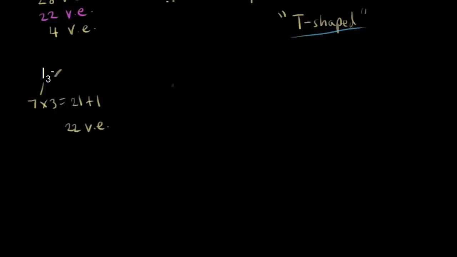So we have 3 iodines, so we can go ahead and show our 3 iodines bonded together like that, and we've already represented 4 valence electrons, so 2 here and 2 here. So 22 minus 4 means we have 18 valence electrons left, and we start by putting those leftover valence electrons on our terminal atoms, which are our iodines.